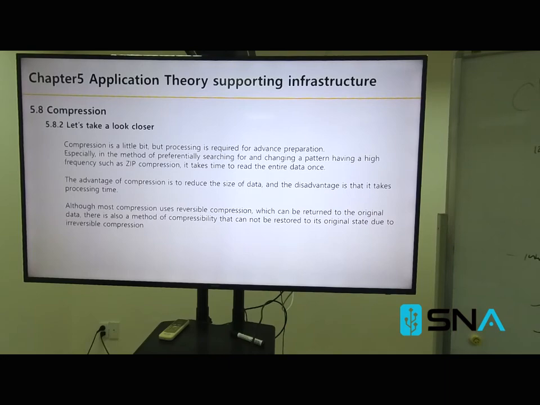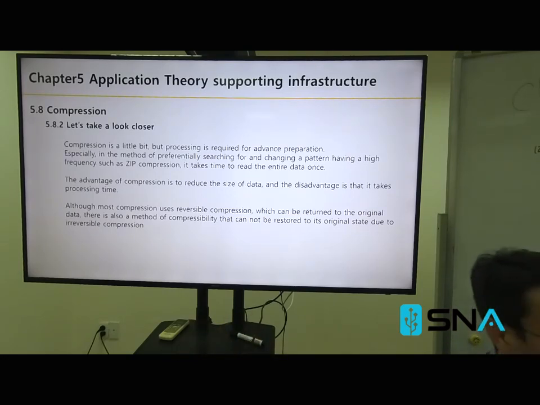Compression requires some advance processing, as I told you. Especially a method that preferentially searches for and replaces patterns with high frequency, such as zip compression, takes time to read the entire data at once.